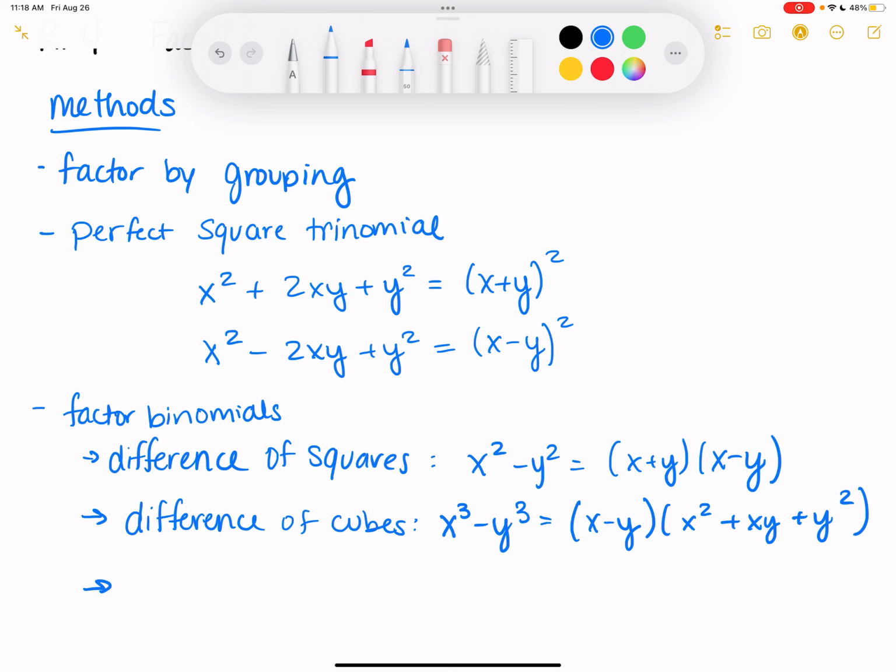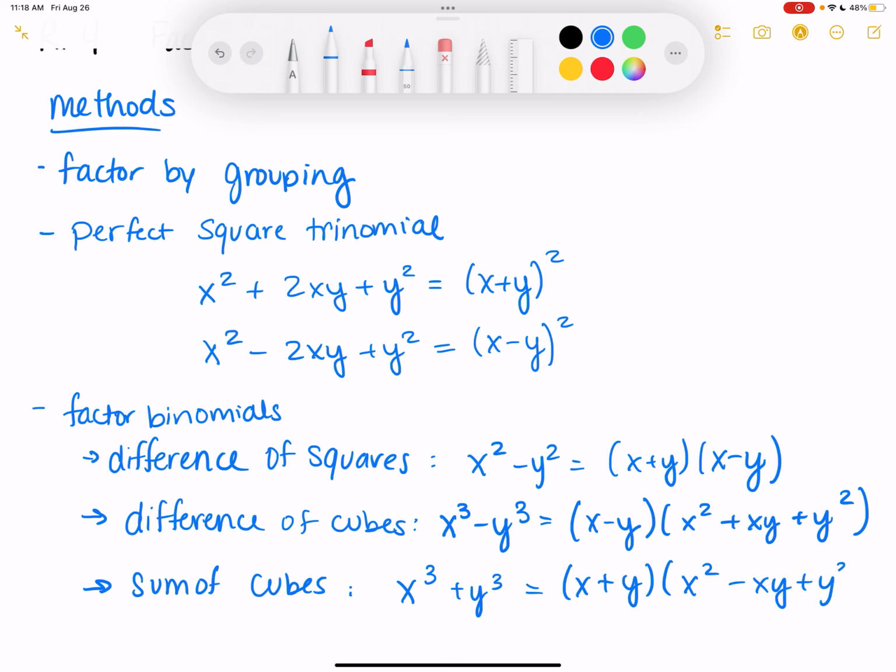And then the sum of cubes, if you had x cubed plus y cubed, that's equal to (x plus y) times (x squared minus xy plus y squared).